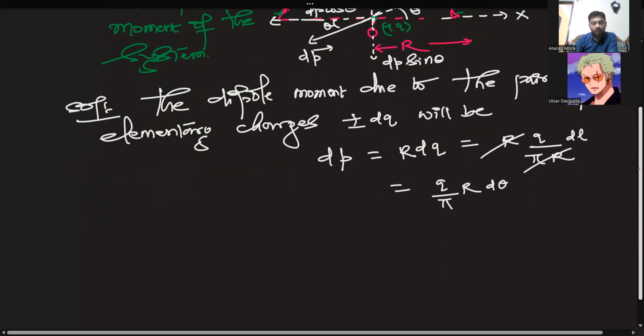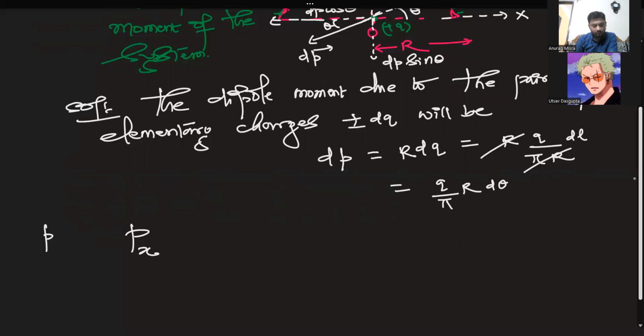Is that clear? So the total dipole moment will have two parts, px along minus i cap and py along minus j cap.